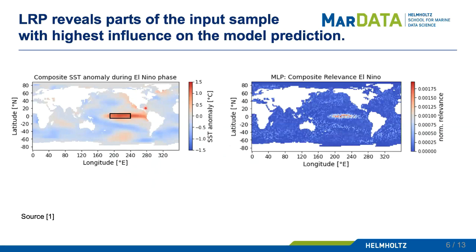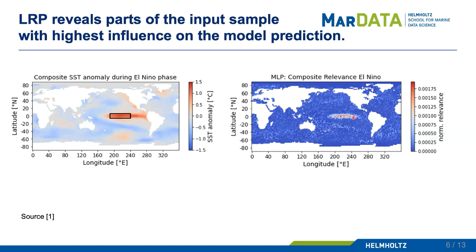So here's the result. This is again the sea surface temperature anomaly averaged over all El Niño samples. On the right-hand side, we see the mean relevance map from the multilayer perceptron, also averaged over all El Niño samples. First of all, total relevance is normalized to 1.